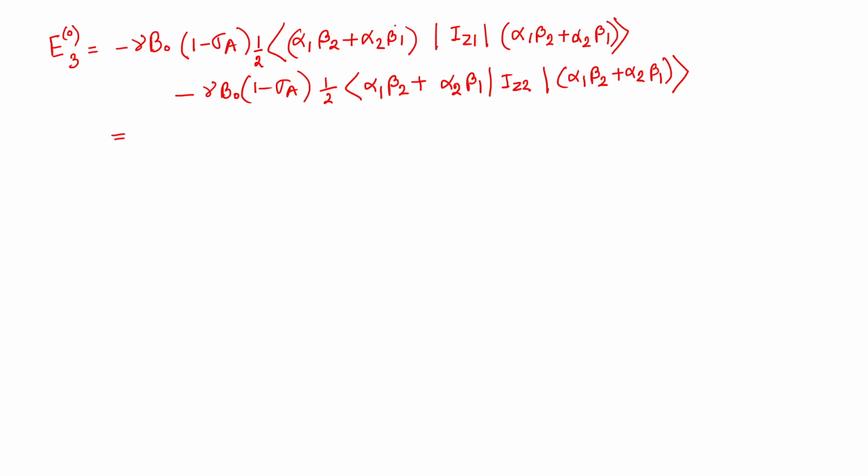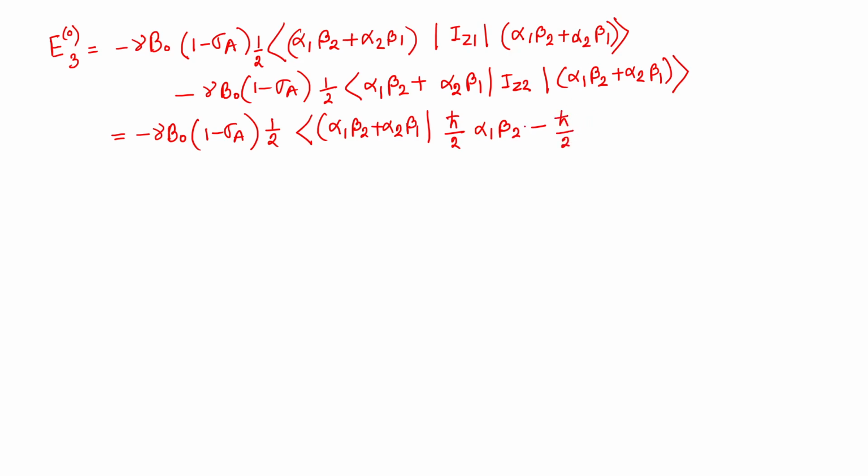And the first thing we see is gamma b0 1 minus sigma a 1 by 2, and then Iz1 will work on alpha 1 and it will give h cut by 2 alpha 1 beta 2. It will not work on beta 2, right? Next Iz1 will work on beta 1 and it will give h cut by 2 but minus alpha 2 beta 1.